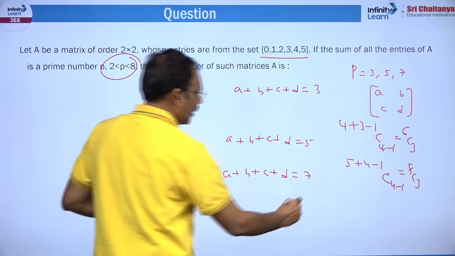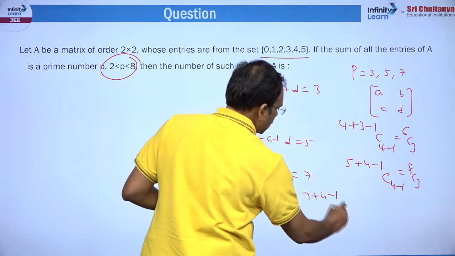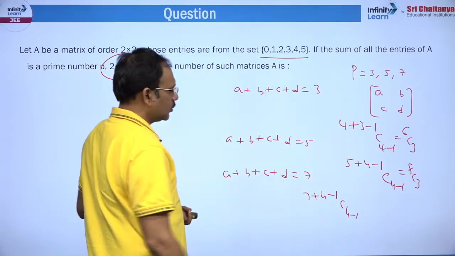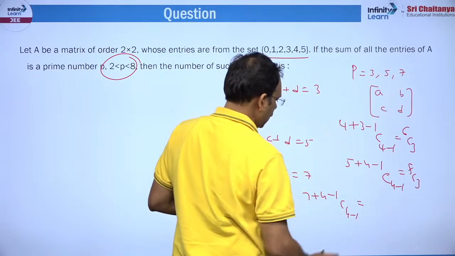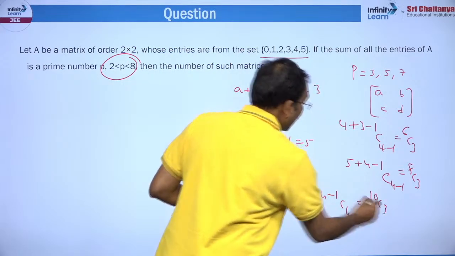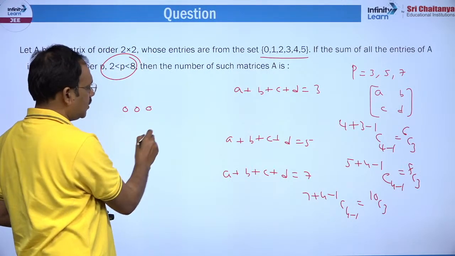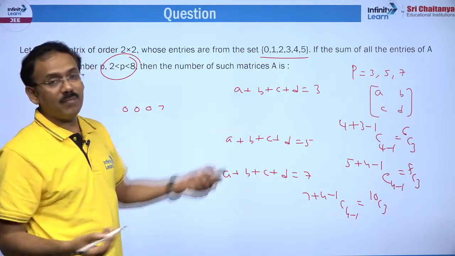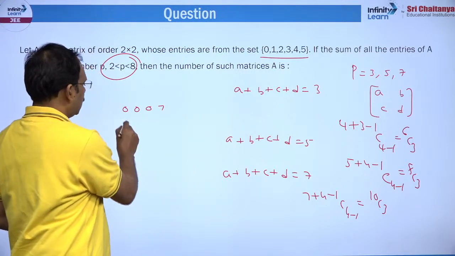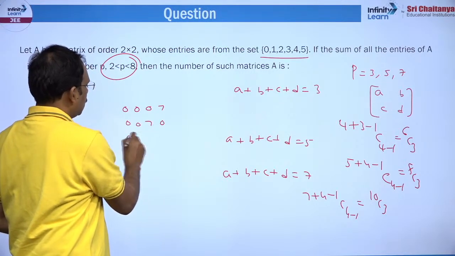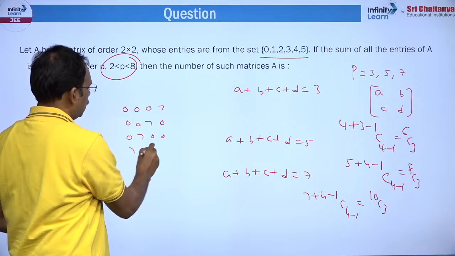Here also n plus r minus 1 c r minus 1, which is going to be 10 c 3, but in this case there is a possibility like three boxes take 0 and one takes 7, but 7 is not possible, such as 0 0 7 0, 0 7 0 0, 7 0 0 0.